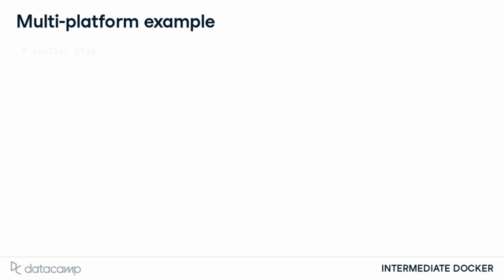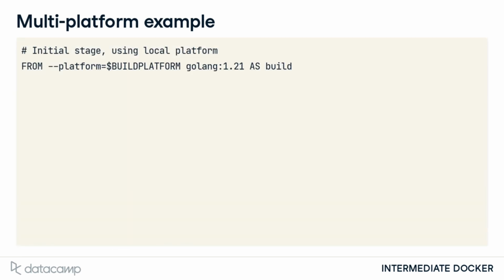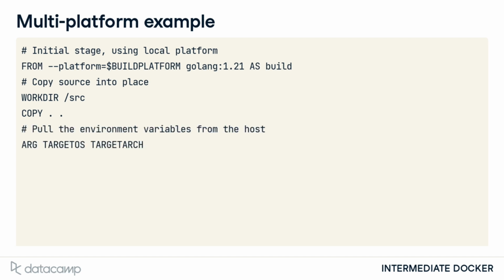First, we have the initial stage named build. The --platform=$BUILDPLATFORM tells Docker to pull the golang:1.21 image that matches the current host platform. We then use the WORKDIR and COPY commands to prepare the build container. Now we see the ARG TARGETOS TARGETARCH command, which passes in the target platform components.